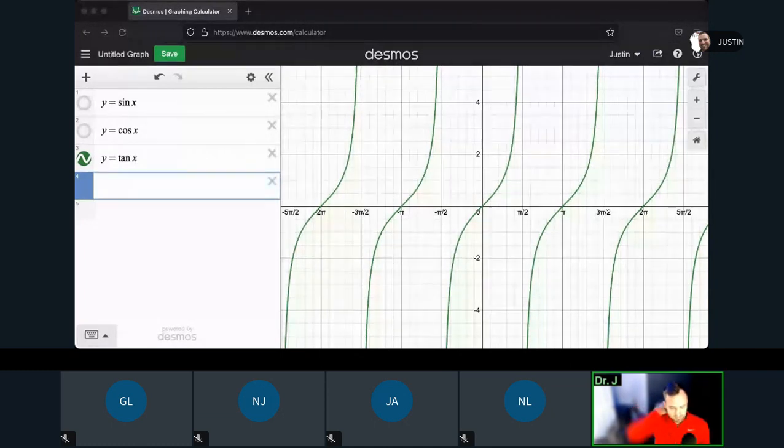And from negative pi over 2 to pi over 2, that's a distance of just pi. So that is the period, and then it repeats from here to here, and then it repeats. So the period of tangent x is pi.